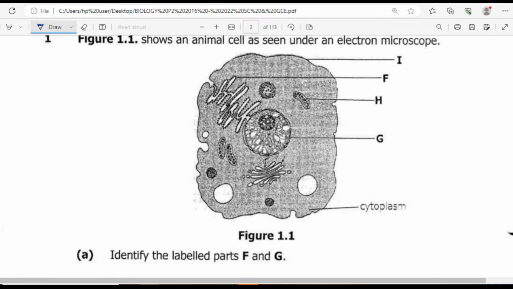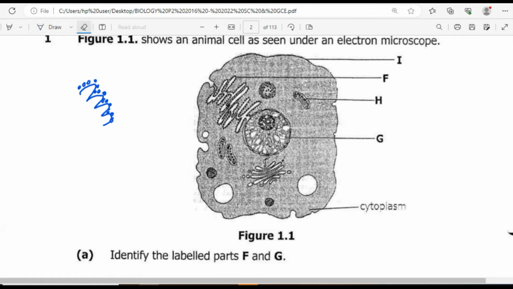So our F, we can see how this structure is. This structure is known as endoplasmic reticulum. Now, whenever there are ribosomes on the surface, then the name you add is rough endoplasmic reticulum.